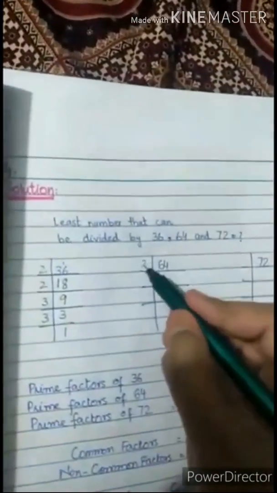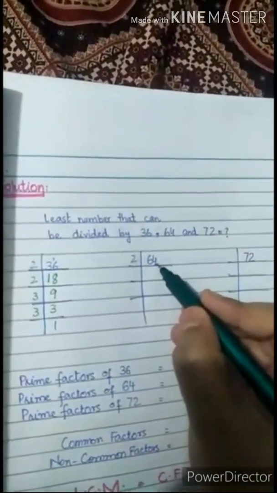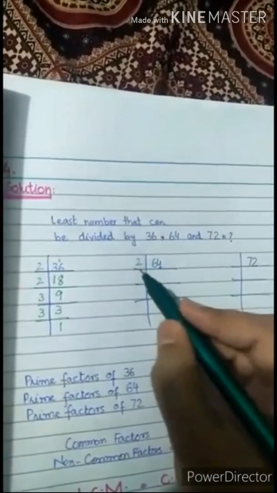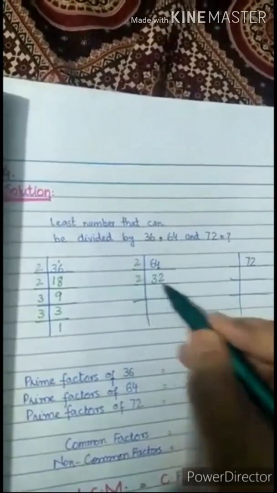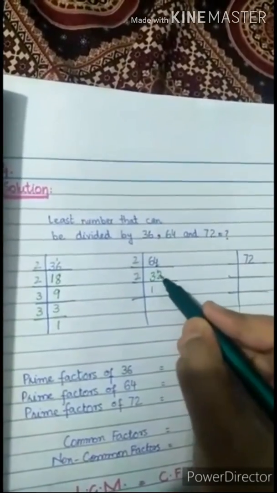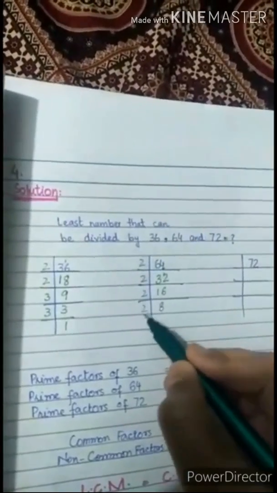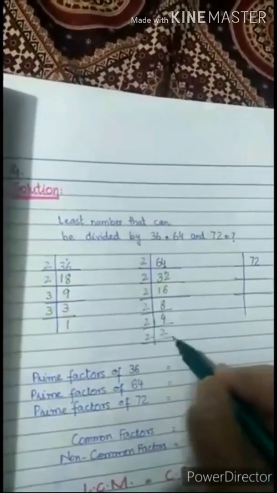Now 64. As this figure is ending on an even number, it is divided by 2. So 2 3s are 6, 2 2s are 4, 2 1s are 2, 2 6s are 12, 2 8s are 16, 2 4s are 8, 2 2s are 4 and 2 1s are 2.